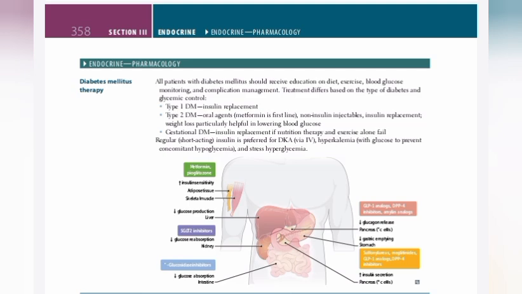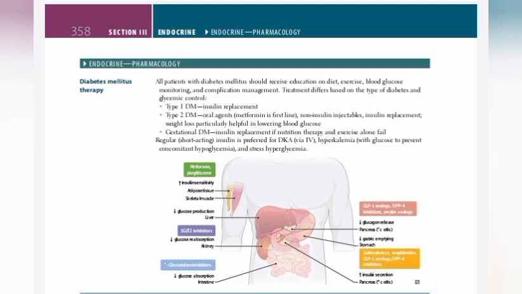The other one is sulfonylurea. Sulfonylureas act on pancreas beta cells and increase insulin secretion. GLP-1 analogs and DPP-4 inhibitors act on pancreas alpha cells to decrease glucagon release. They act on pancreas beta cells to increase insulin secretion, and they act on stomach to decrease gastric emptying.